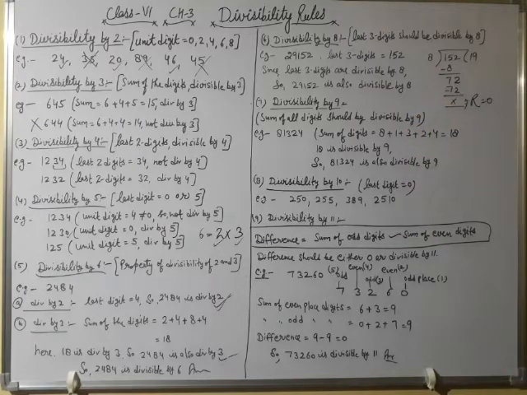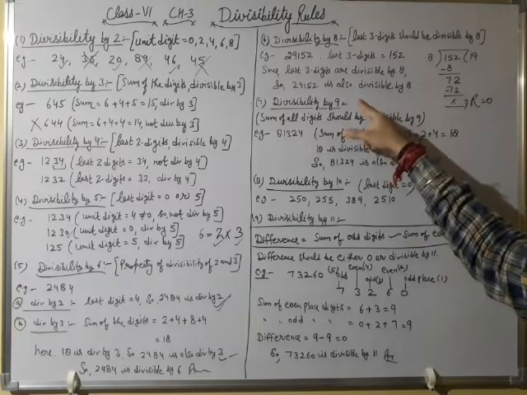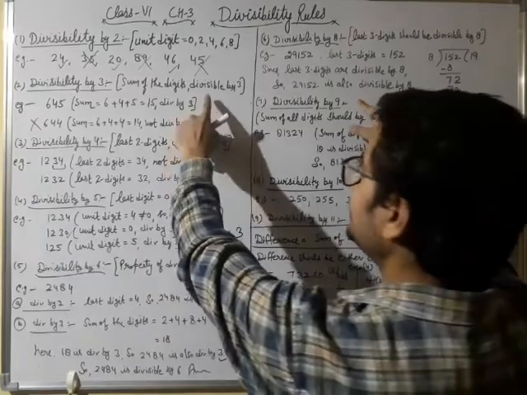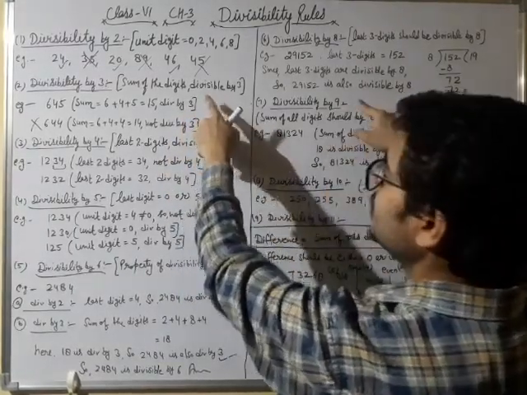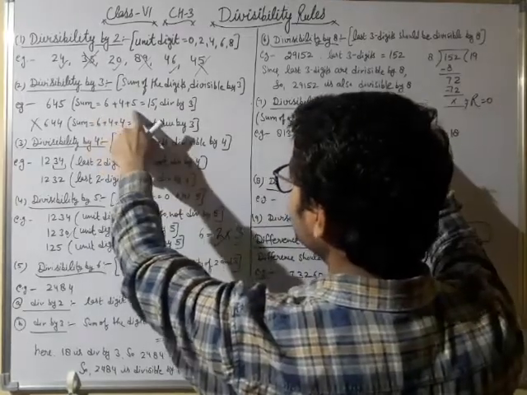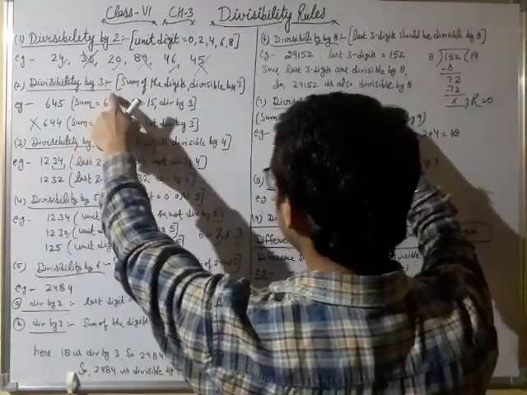Next property is divisibility by 9. Divisibility by 9 is almost the same as divisibility by 3. Because in divisibility by 3 we find the sum of the digits, and if it is divisible by 3 then the number is also divisible by 3.